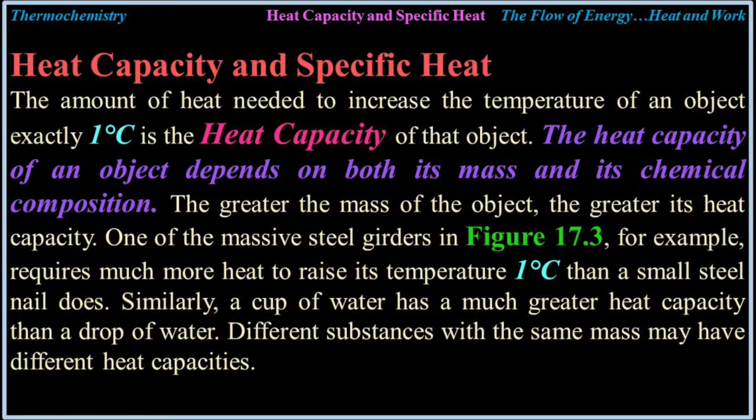Heat capacity and specific heat. The amount of heat needed to increase the temperature of an object exactly 1 degree Celsius is the heat capacity of that object. The heat capacity of an object depends on both its mass and its chemical composition. The greater the mass of the object, the greater its heat capacity.